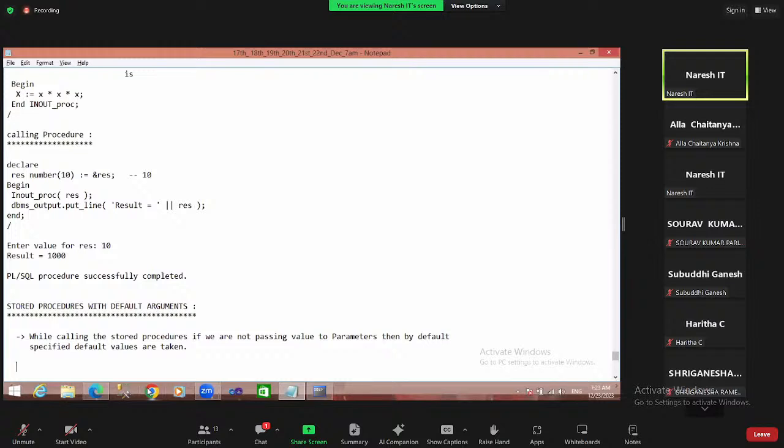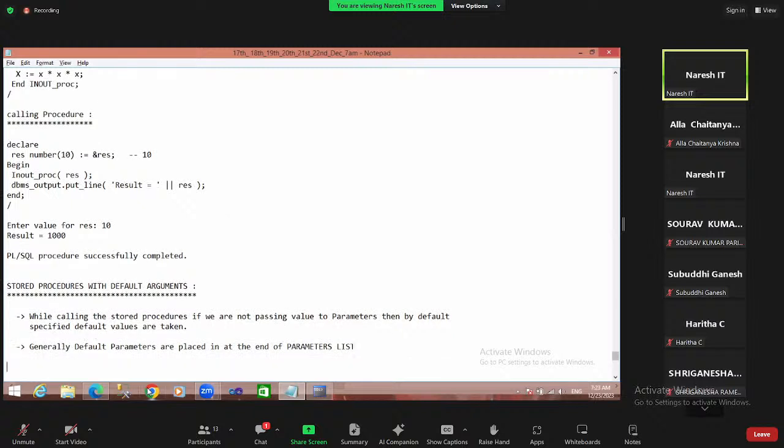Now, generally default arguments, default parameters are placed at the end of the parameters list. I'll discuss how it is.